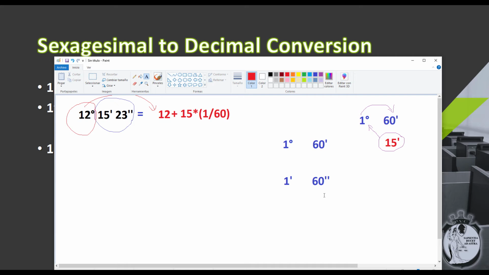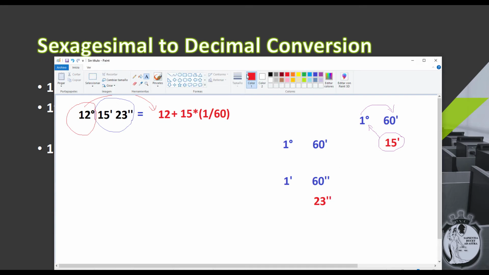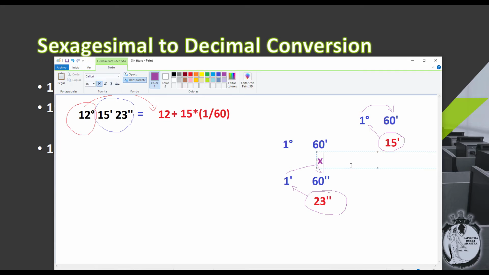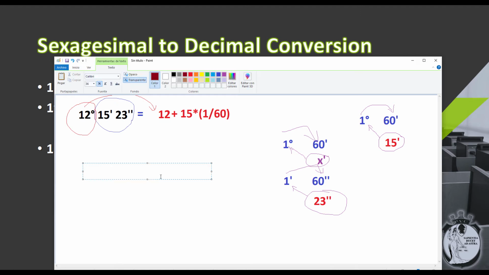For example, here 23 seconds, you need to convert to minutes first. Again, rule of 3: 23 multiplied by 1 and divided by 60 gives x minutes. Then again you multiply by 1 and divide by 60. If you check that conversion, it is something like 1 divided by 60.